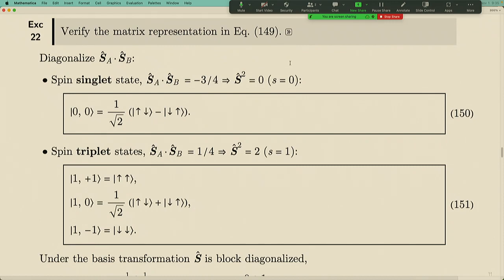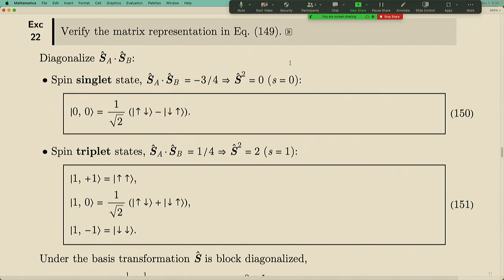There are other 3 eigenvalues which are degenerate, which correspond to 1/4. When S_A·S_B is 1/4, you can calculate that S squared is 2. When S squared is 2, you can further calculate that this little s is 1 by this relation. And when the little s is 1, that means the 2-spin system as a whole is in a spin 1 representation, which we know has 3 states.